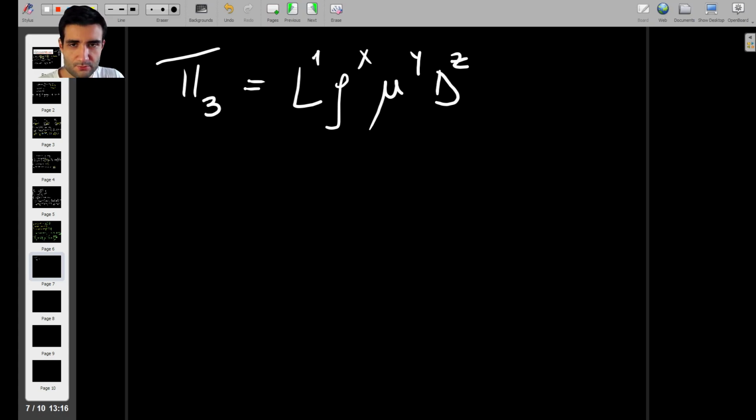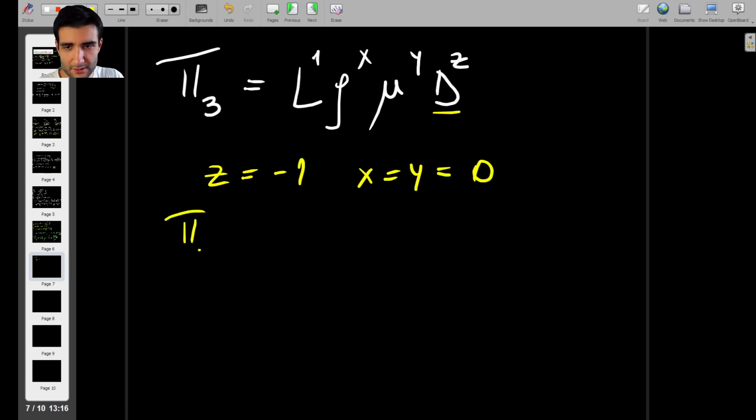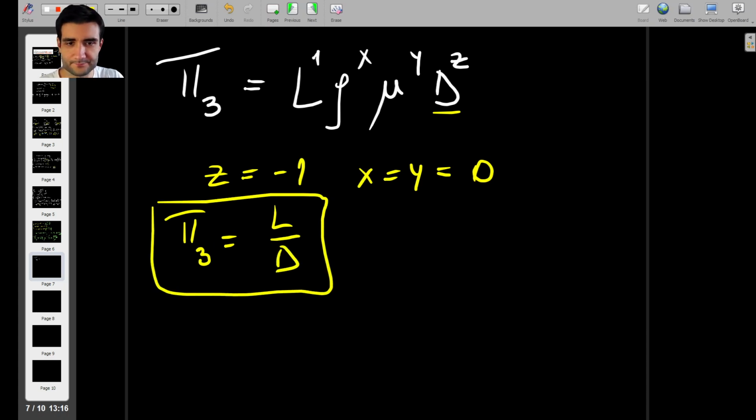So the simple way to do it is to realize that to get a non-dimensional parameter here, this is length on the numerator because it has power 1, so you need another length in the denominator. And there is a length in this combination of variables, and it's diameter. So if z becomes minus 1 and x and y become both 0, then we're sorted, right? We have pi 3 equals L over D, and that's your third pi group.